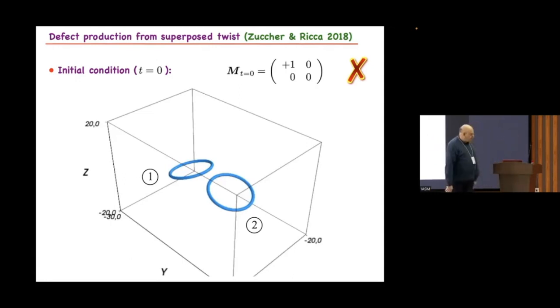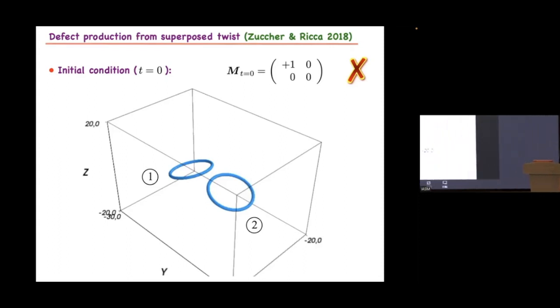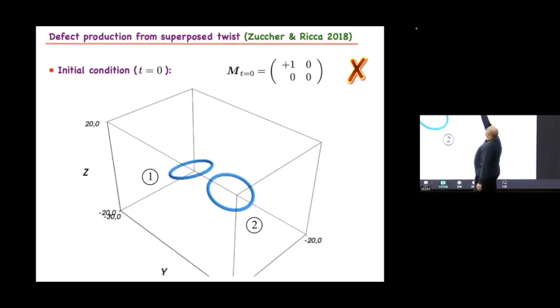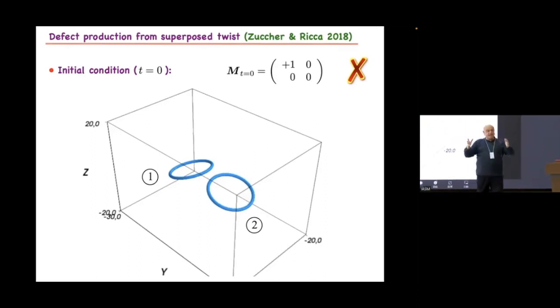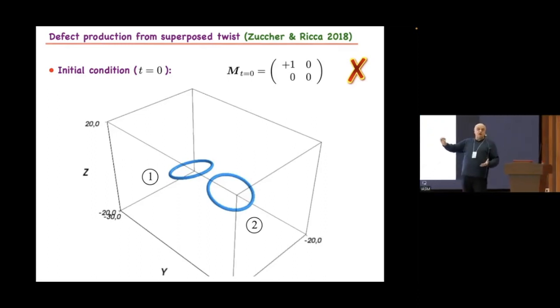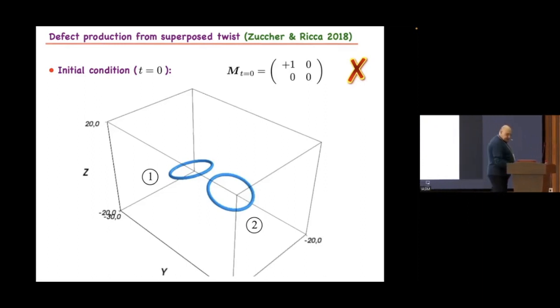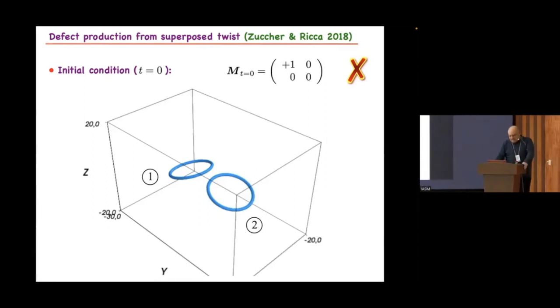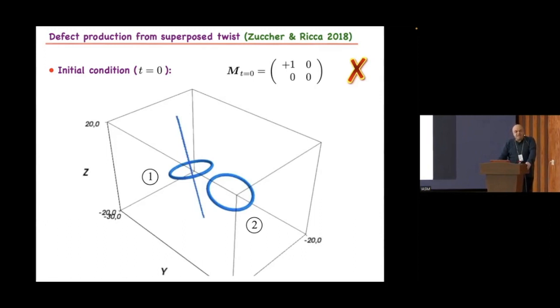So that's the elapsed time, but otherwise it is instant. So we have these two defects, and imagine that this ring has one twist superposed. So the linking matrix has one row or one column that is not 0, so it's not satisfied. And as I click, you will see immediately a new defect form.